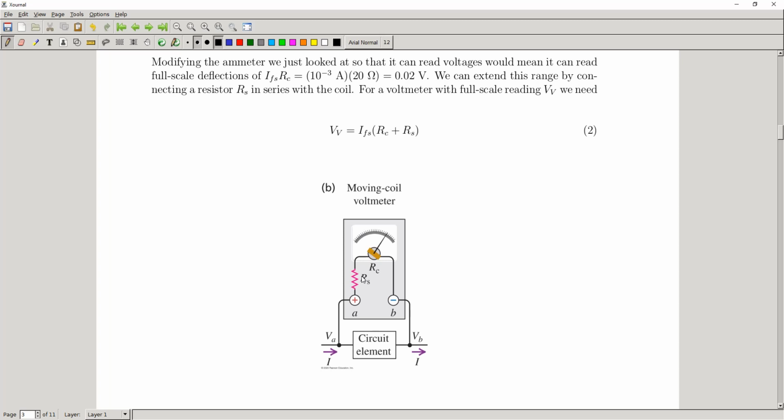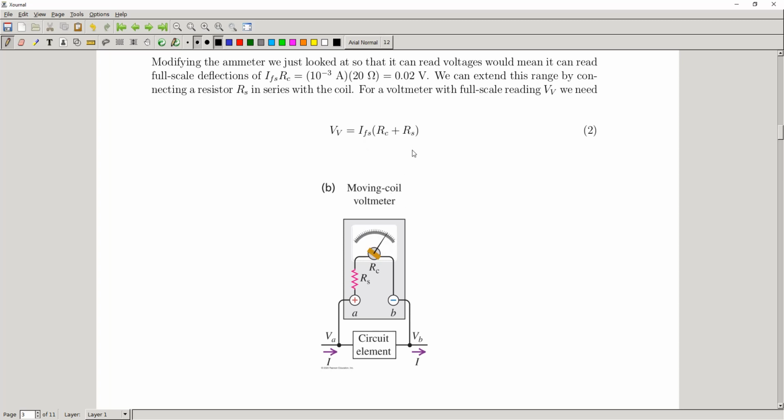The way we do that is using the expression that we see here. This is again just another statement of V equals IR. This is the voltage that we want to read full scale, the voltage that gives us a full reading over here.